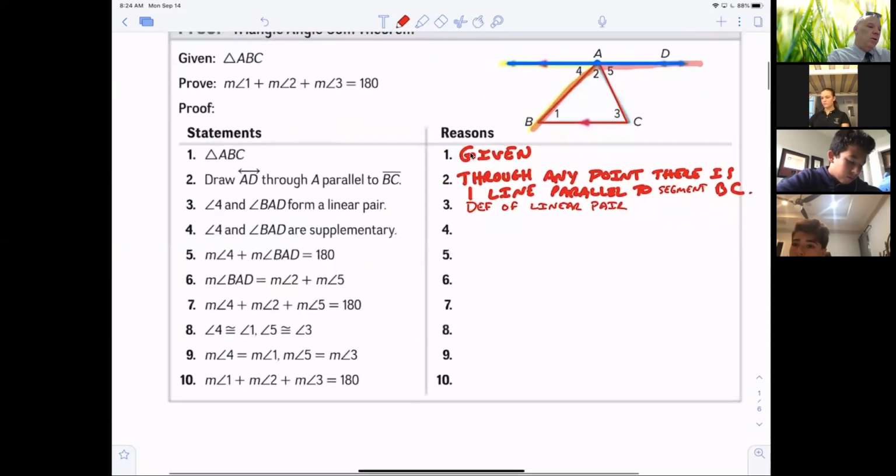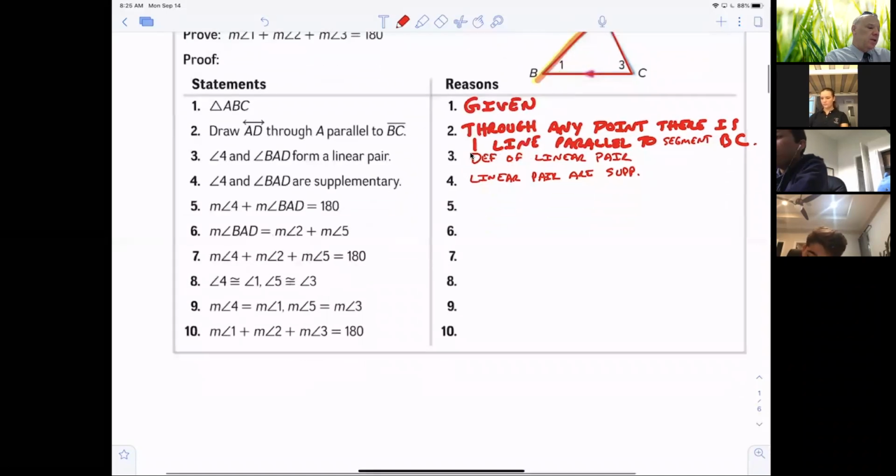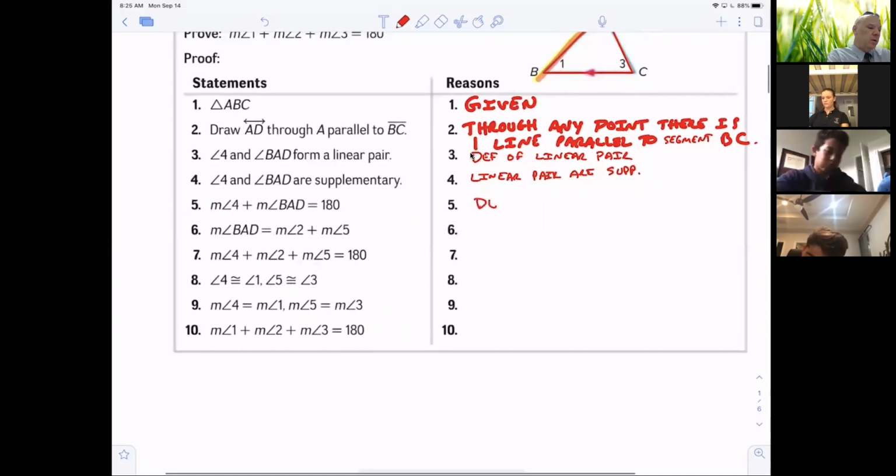Now angle 4 plus angle BAD are supplementary, and we can just say linear pairs are supplementary. Now, why does the measure of angle 4 plus the measure of BAD equal 180? That's just the definition of supplementary.